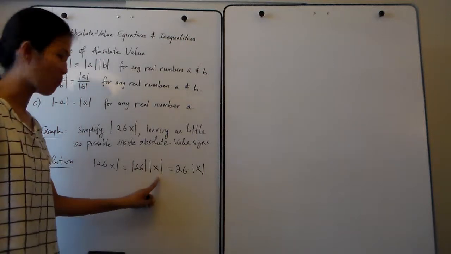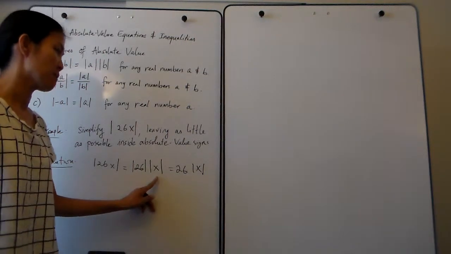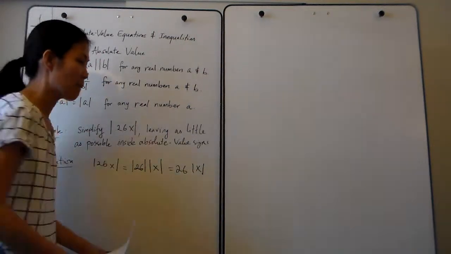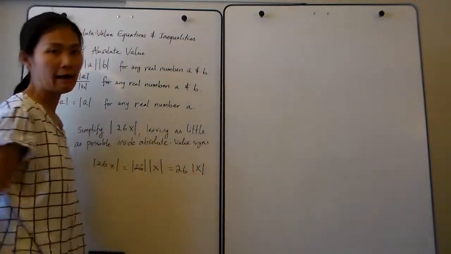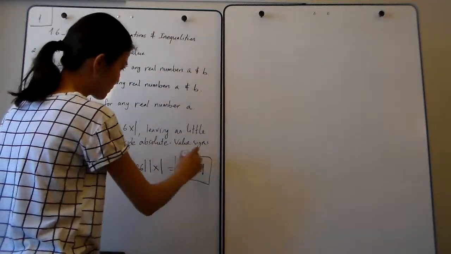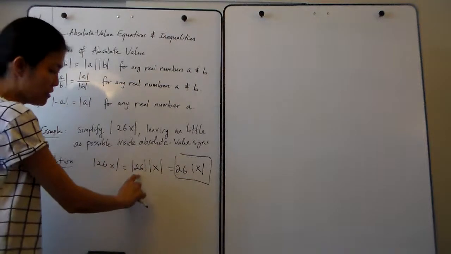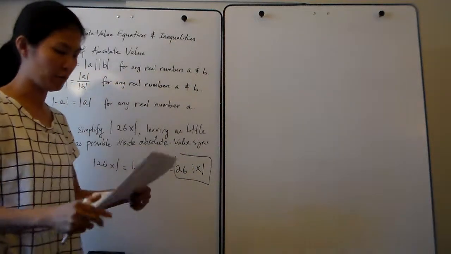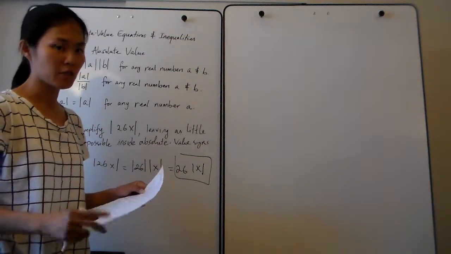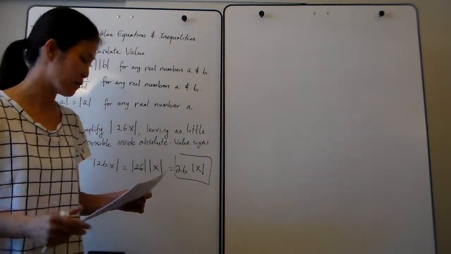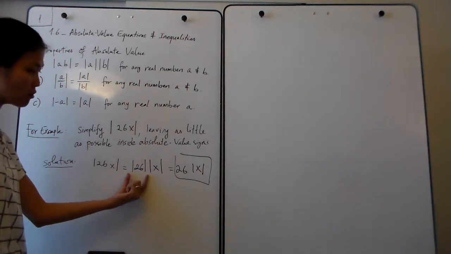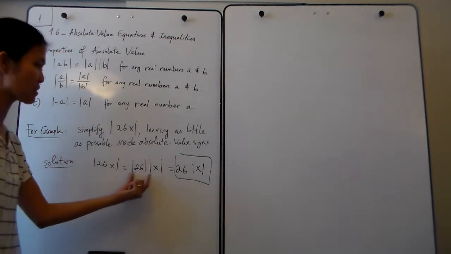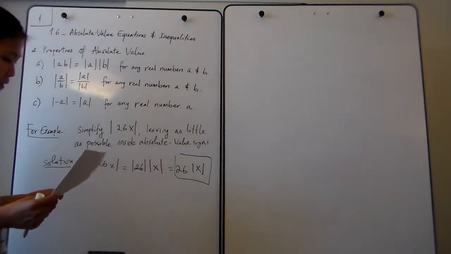We don't know if x is positive or negative or equal to 0. Because we don't know, we leave it as absolute value of x. And we found this number, 26, from the definition in part 1 that I covered earlier. Just review that definition for absolute value if you have a question about how to simplify absolute value of 26 to this one.